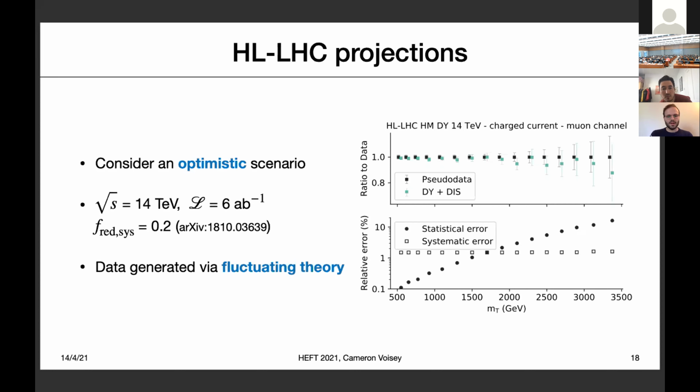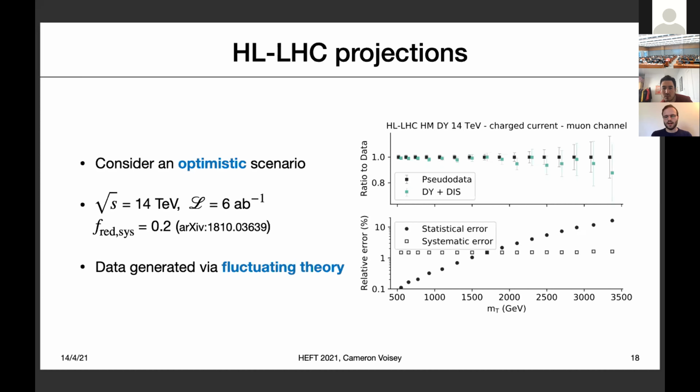We then generate the data by fluctuating the theory within some experimental uncertainties. And here, for example, you can see how this looks. So we have a data theory comparison for, in this case, the charged current muon channel data. And one point I want to highlight is that if you look at the bottom panel, you see the size in each bin of the statistical error versus the systematic error.